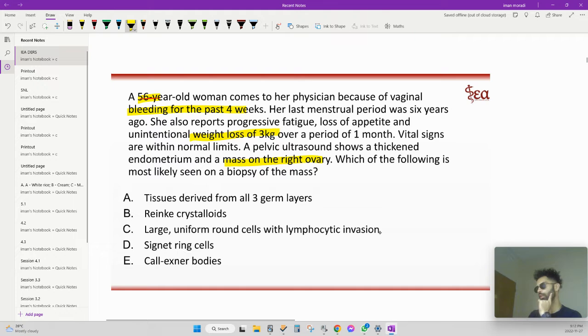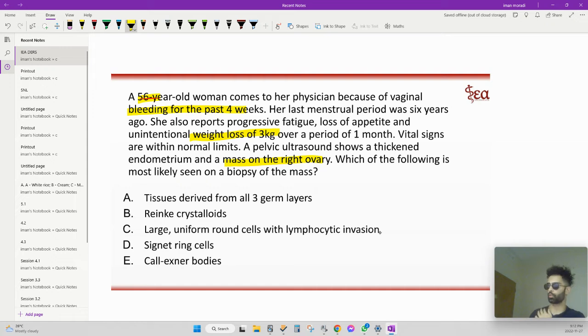So a 56-year-old comes to a physician because of vaginal bleeding for the past 4 weeks. She had menopause 6 years ago and has lost 3 kilograms over the past month. There's a mass on the right ovary. Which one of these will the biopsy show?